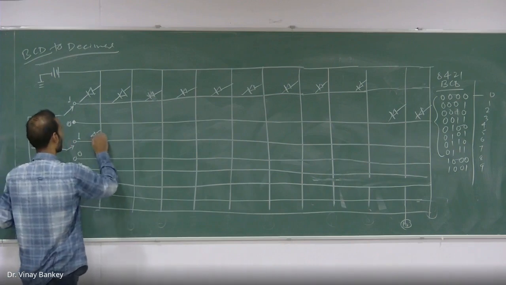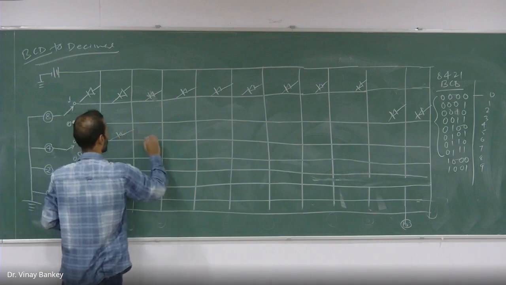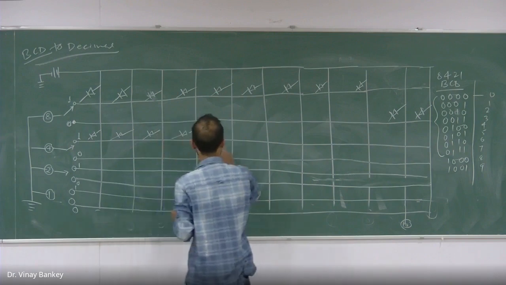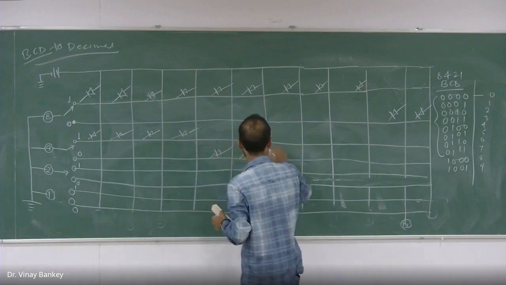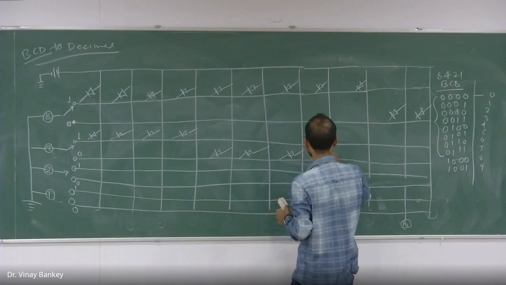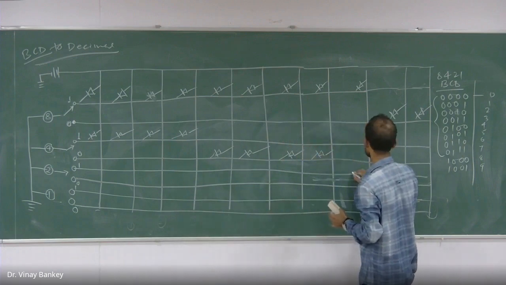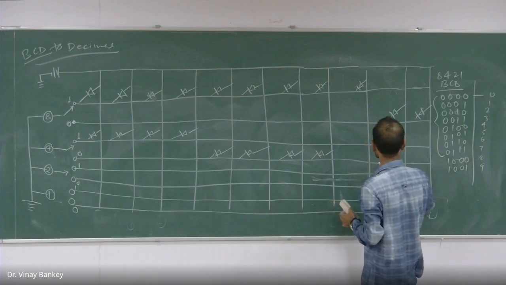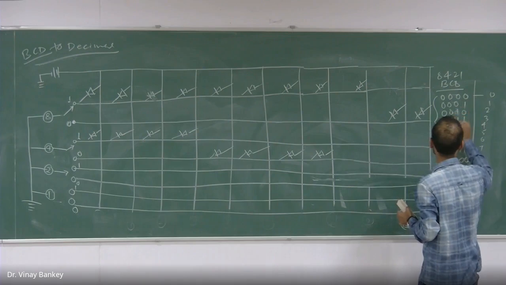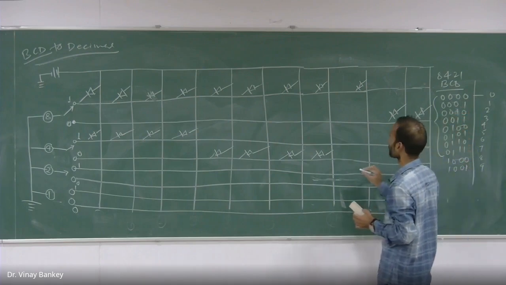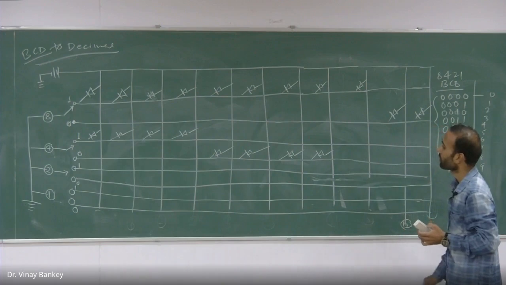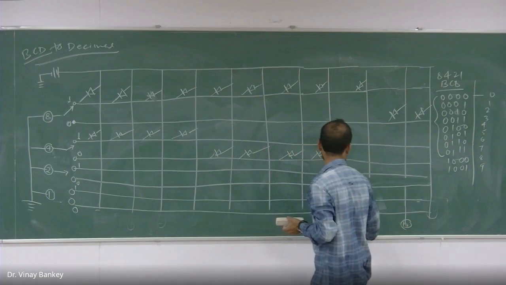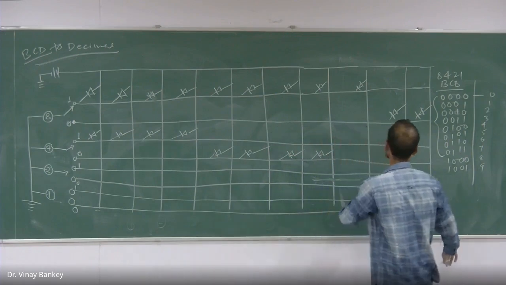Now again 2. Where is 1 1? This is for 0, 1, 2, 3, 4, 5, 6, 7, 8, 9. Yes, it was a problem.